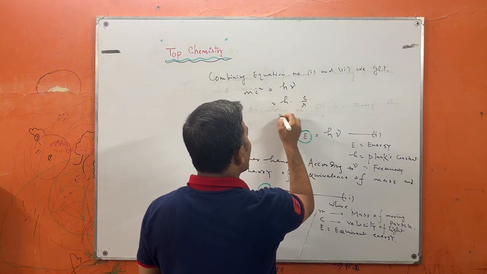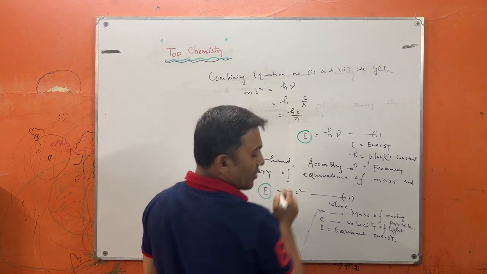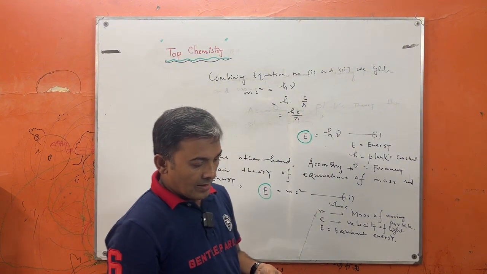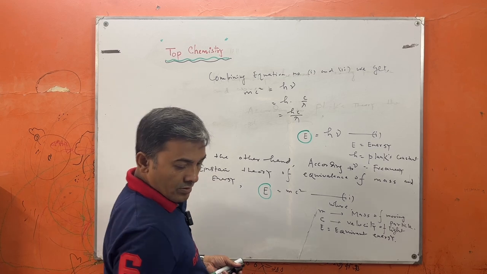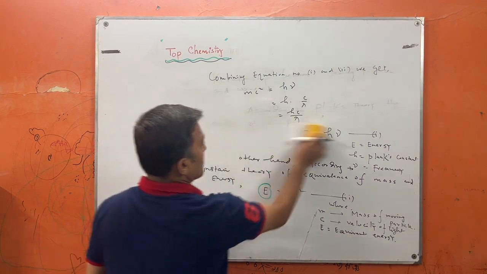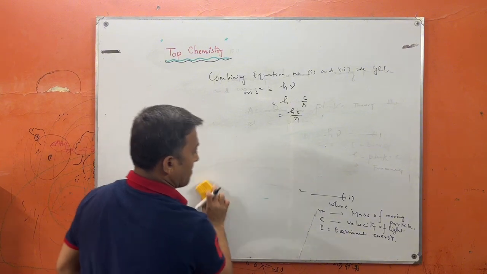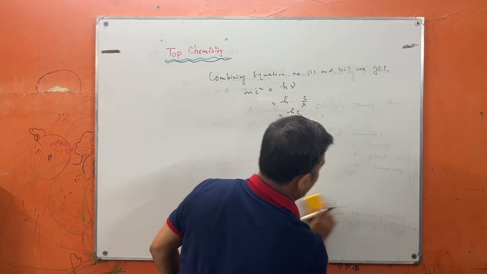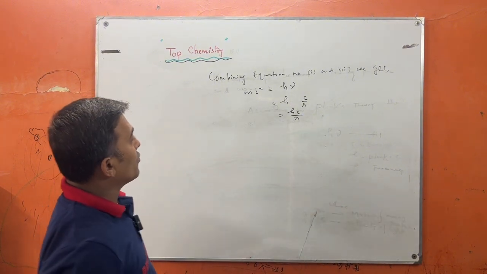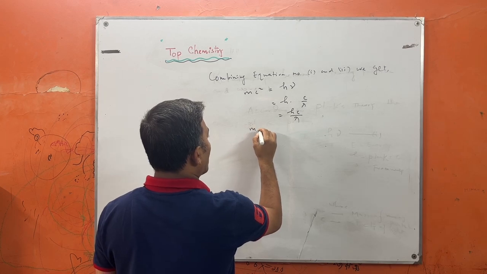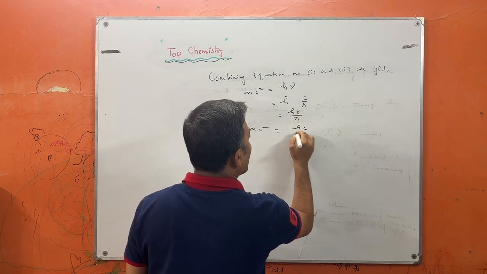So we can write mc square equal to hc by lambda.